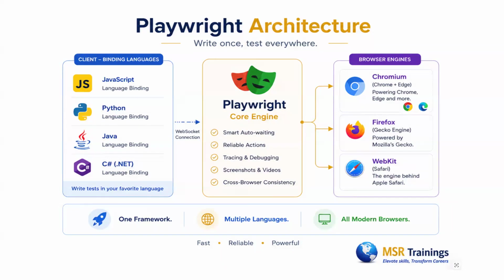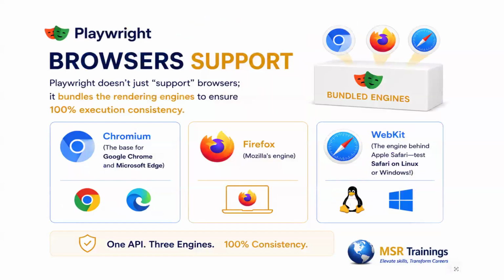For each command, it has to open the connection, and once that command is executed, it has to close that connection. Again, for the next command, it has to open a new connection. You don't need that in Playwright, because Playwright uses WebSocket, which is like a continuous communication protocol.